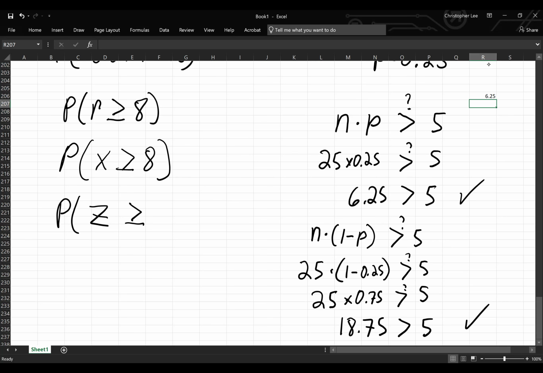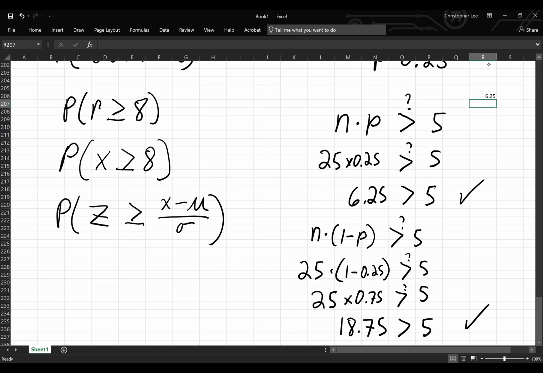what's that Z formula again? X minus mu over sigma. Mu, the population mean. It's on the formula sheet. You don't gotta memorize it.